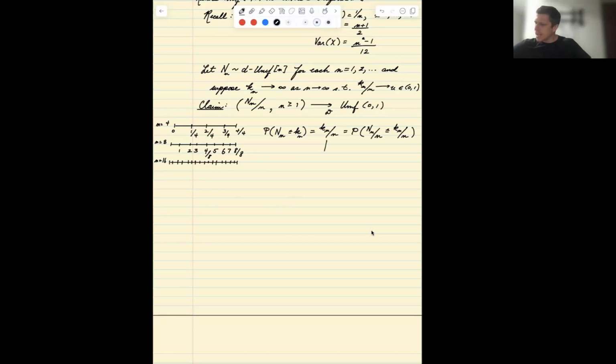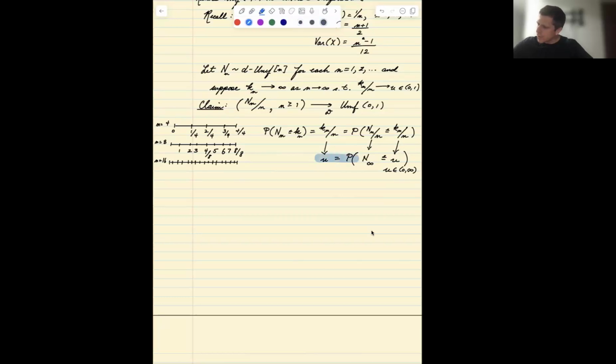We've assumed that Kn over n goes to some value u. And we've stated that there is some limiting random variable. We'll call it N sub infinity. And again, Kn over n goes to u. Well, we then have a random variable N sub infinity whose distribution function, right?